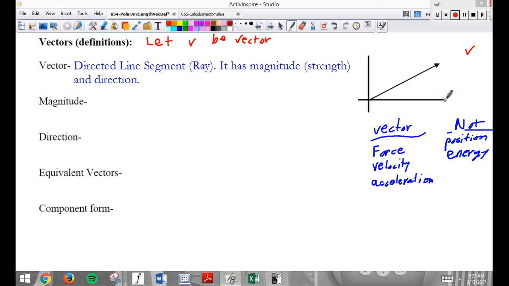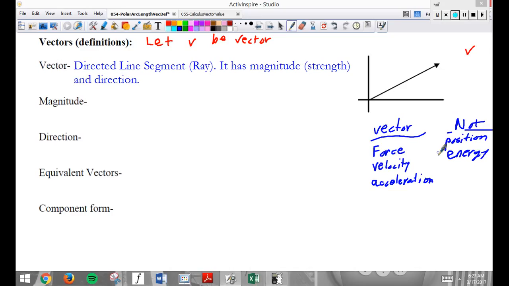That's the idea, okay? Why not position? Position is a location at a specific time. While the object may be moving, that movement is governed by the velocity. So position won't be a vector strictly. We might be able to write a vector for its position, and that's where it gets really tricky.